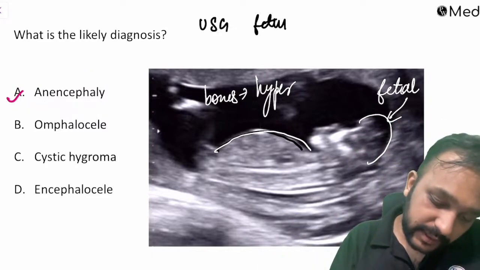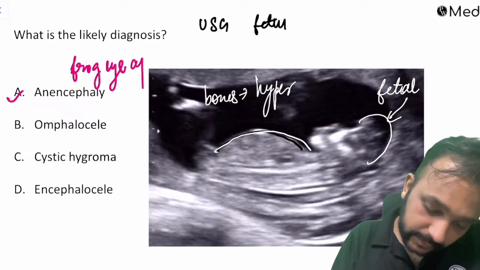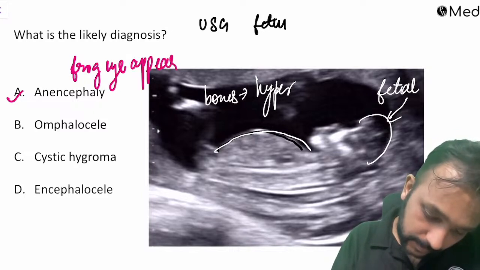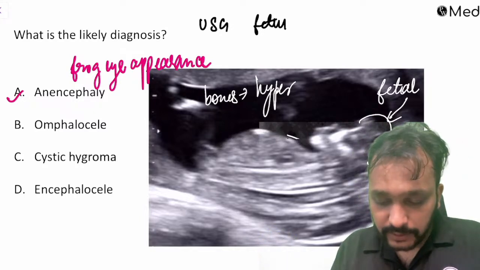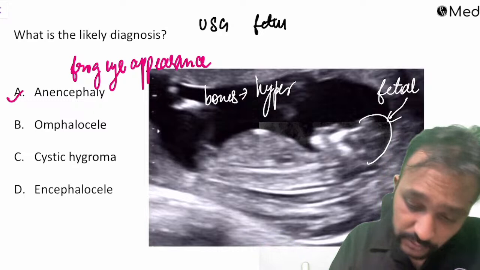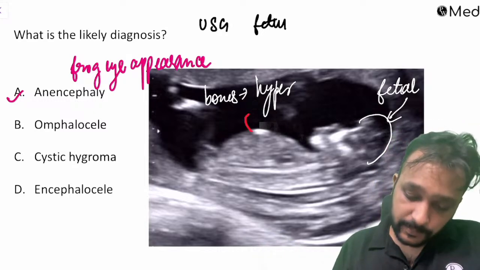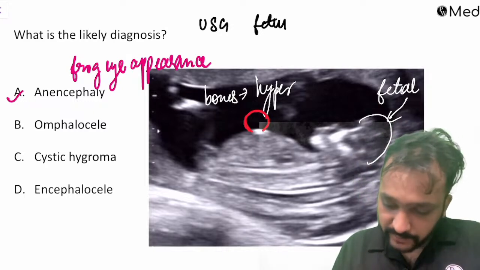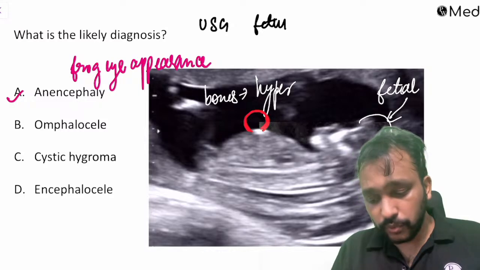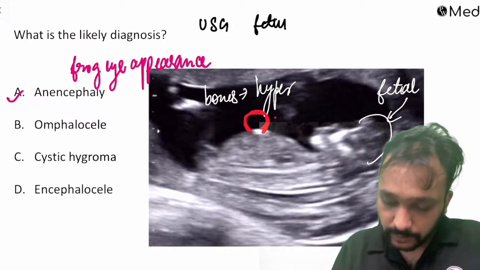What is the name of the appearance that you get? It is the frog eye appearance. What are you going to see in a patient with omphalocele? You are going to see herniation of loops through the umbilicus that will be covered by a membrane, so you may be able to see an outpouching at the level of abdomen.